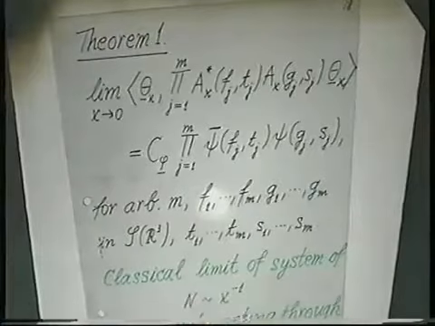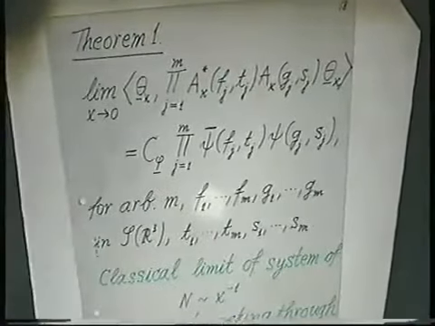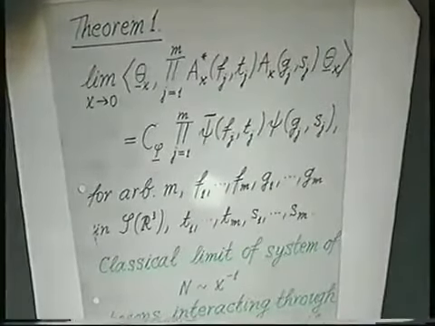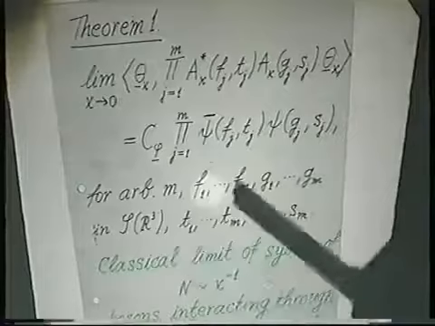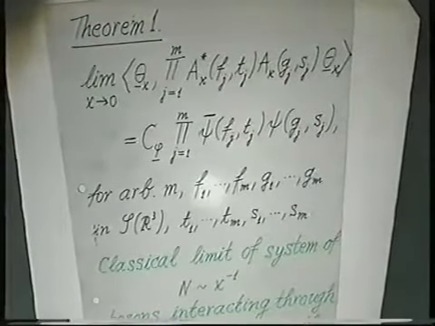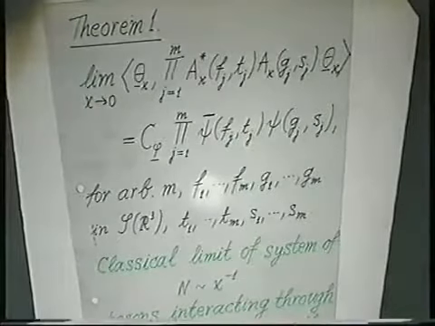Well, the answer is that these expectation values converge to a constant, which is a normalization constant depending on the reference state phi, times a product of solutions of the nonlinear Hartree equation smeared out with test functions.